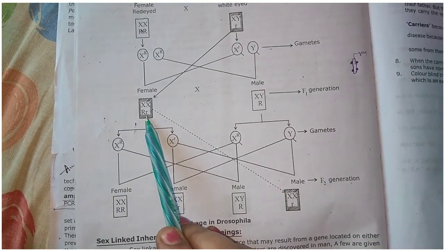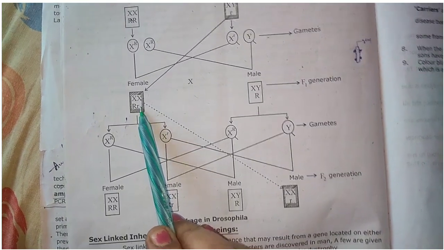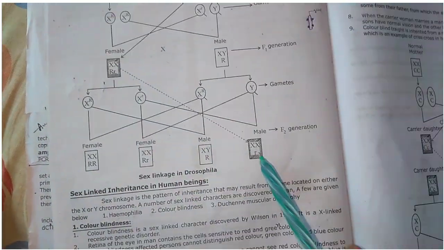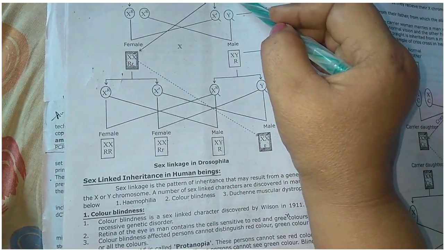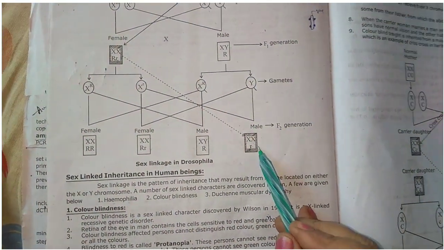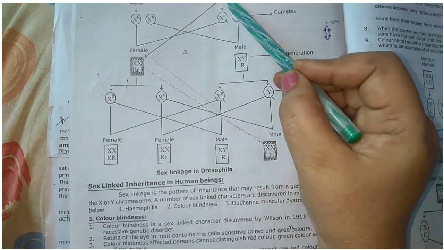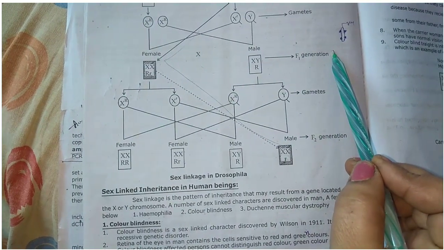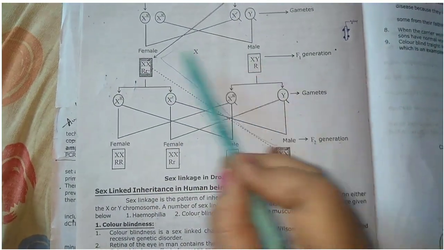So this daughter is the carrier of the recessive gene to the grandson, in the second generation, the grandson of the male parent. So that character is transferred to the grandson in a crisscross manner. The recessive gene is first present in the males, and in the first generation all are red.